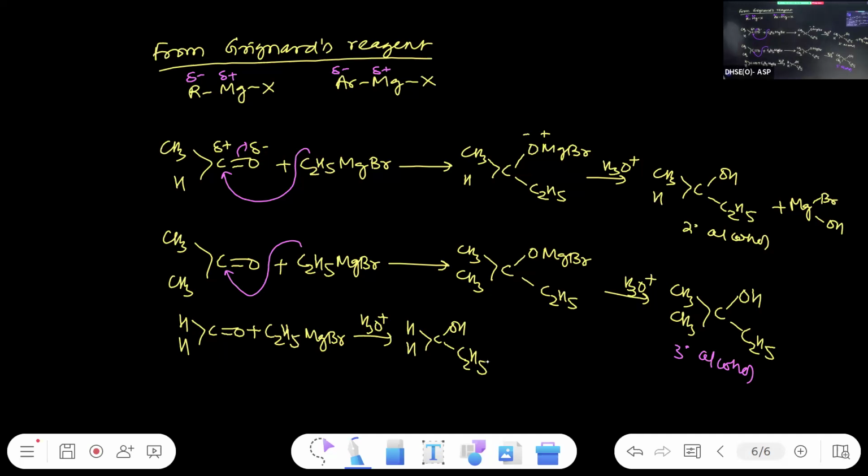Okay, note down. By using Grignard's reagent we can prepare primary, secondary, and tertiary alcohol by taking formaldehyde, aldehyde and ketones respectively.